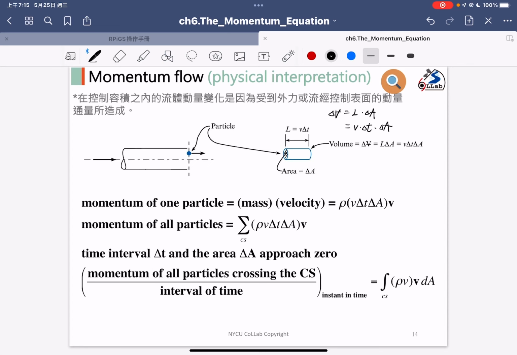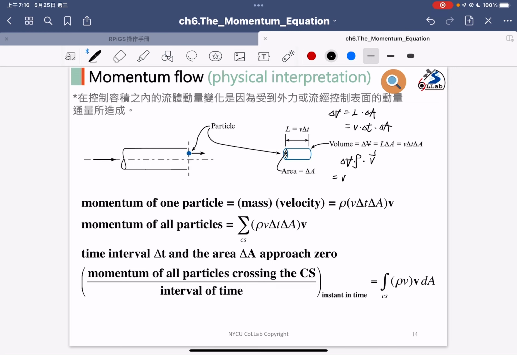So delta V, the volume change in the pipe along the control surface, multiplied by the density gives us the mass, and the mass multiplied by the velocity gives us the momentum. So we put delta V inside the formula shown here.